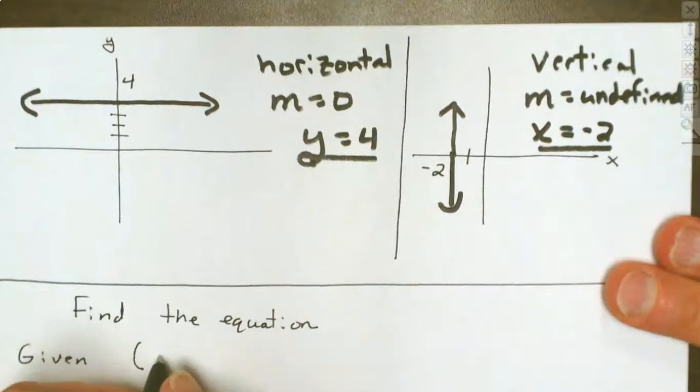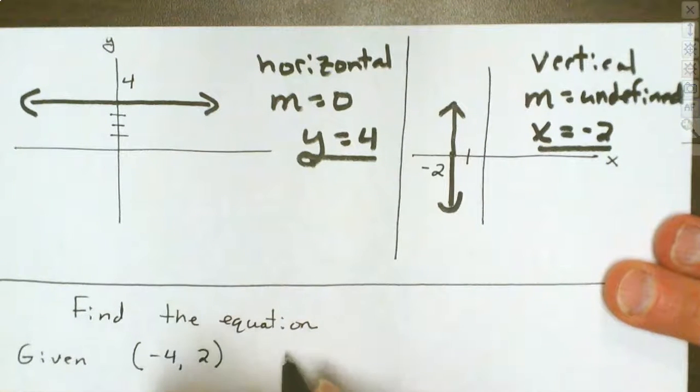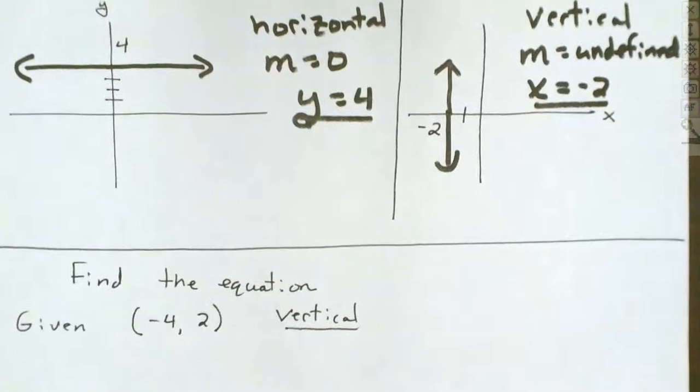And let's say you're given -4, 2. And you want it to be a vertical line. Now, we don't have to do any work with this. This one we can just look at and tell what our answer would be. Well, what do we know? We know it's a vertical line, don't we? And if it's a vertical line, it has an undefined slope.